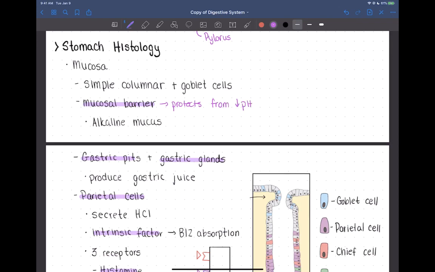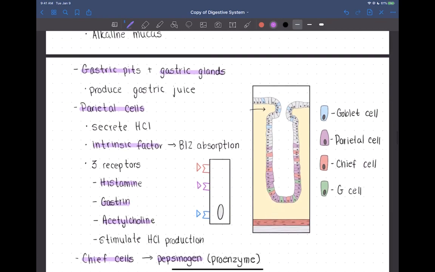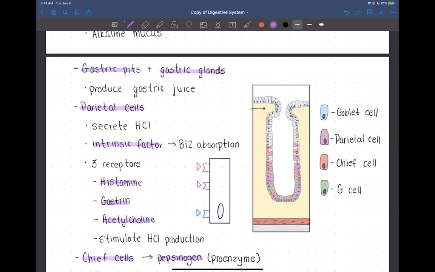If we look at this picture of the mucosa of the stomach, it consists of a series of many gastric pits that lead to gastric glands. When you're looking down from the surface, you'll see these openings. These are the gastric pits, and then they lead down into these structures, which are the gastric glands.